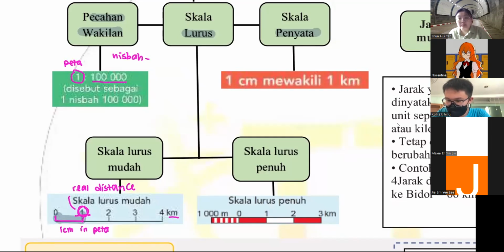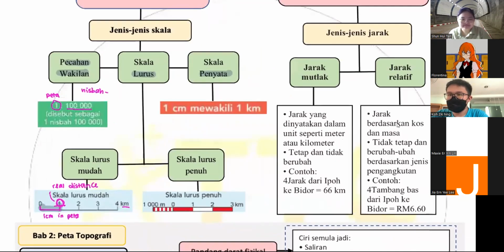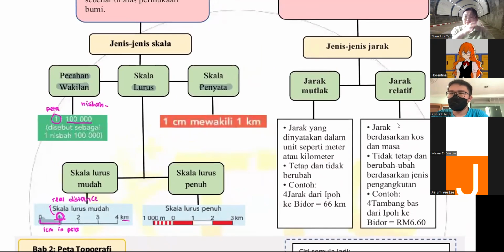Now, after you know how to read the scale, you've got to know jarak. So in the exam, make sure every time you bring what? For Form 2, always remember to bring your ruler and your pencil.